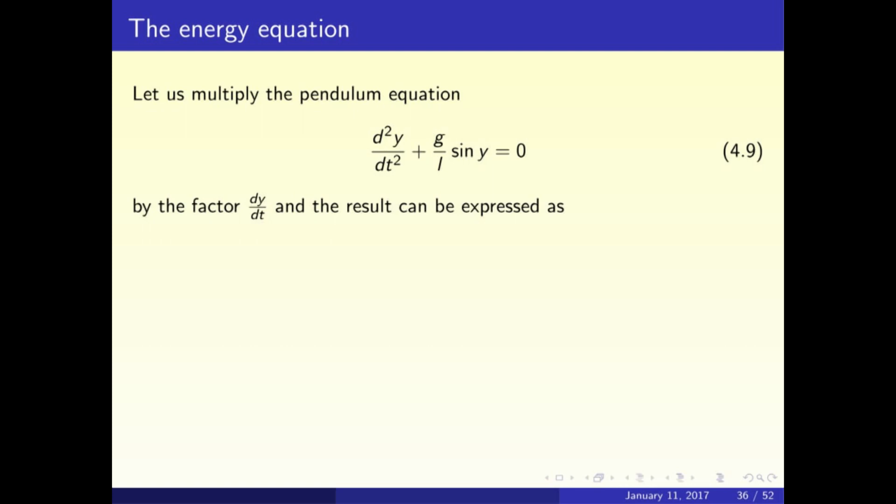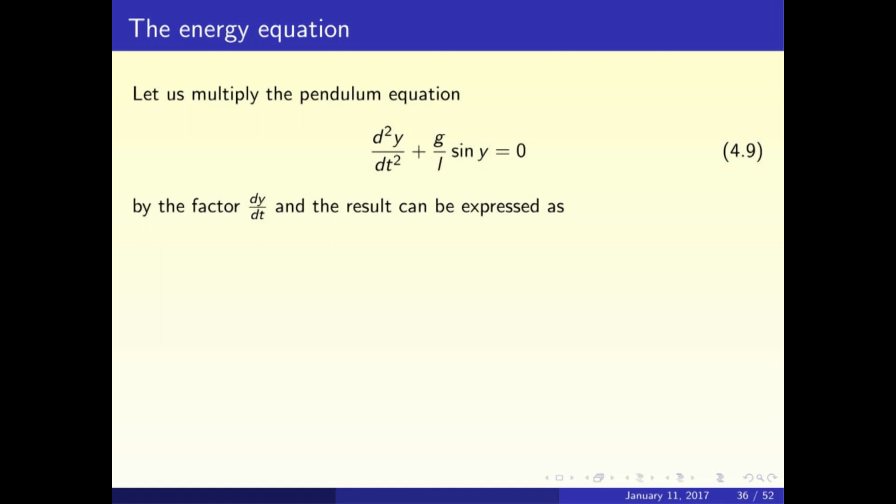That is equation 4.9. Now what we do is let us multiply this equation 4.9 by a factor of dy by dt. What happens? You get dy by dt into d2y by dt squared. Okay.